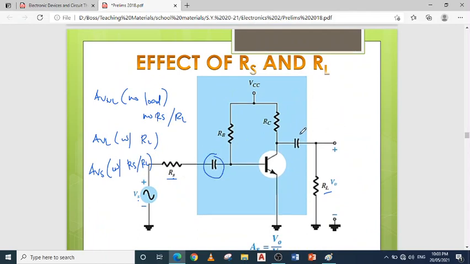Okay? So, at DC, cut yan, di ba? So, meaning walang connection ito doon sa circuit natin. Ganun din sa output, di ba? Since cut yan, walang effect itong RL doon sa circuit natin. So, we can apply KVL here to solve for the necessary unknowns like IE, IB, VC, VCE, mga ganyan. Okay?